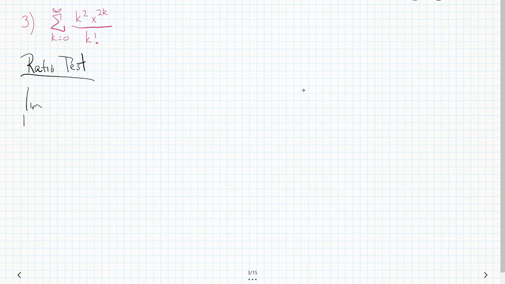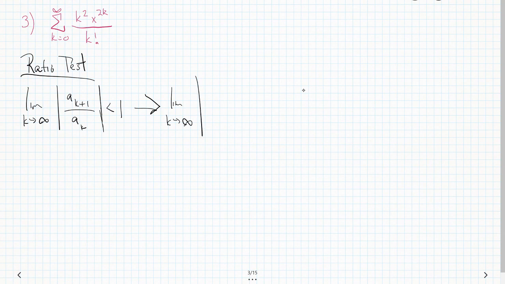So how does that go? That goes limit as k goes to infinity, since we're using k, of a sub k plus 1 all over a sub k. Oops, sorry, once again got ahead of myself. We want this to be less than 1 at the end of the day, and so this is our test for the radius of convergence. So this becomes the limit as k approaches infinity of a sub k plus 1. Notice we're going to take all the k values and put a k plus 1 in parentheses there.